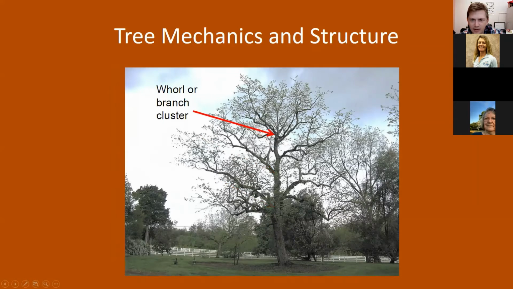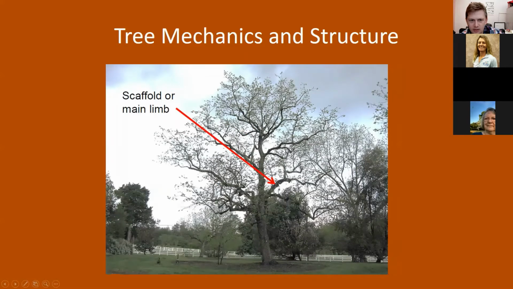Sometimes leaders will develop multiple places where there is no leader anymore, and we call these whorls or a branch cluster. Then the main branches that come off are called main limbs or scaffolds, kind of like a scaffold on a ship.